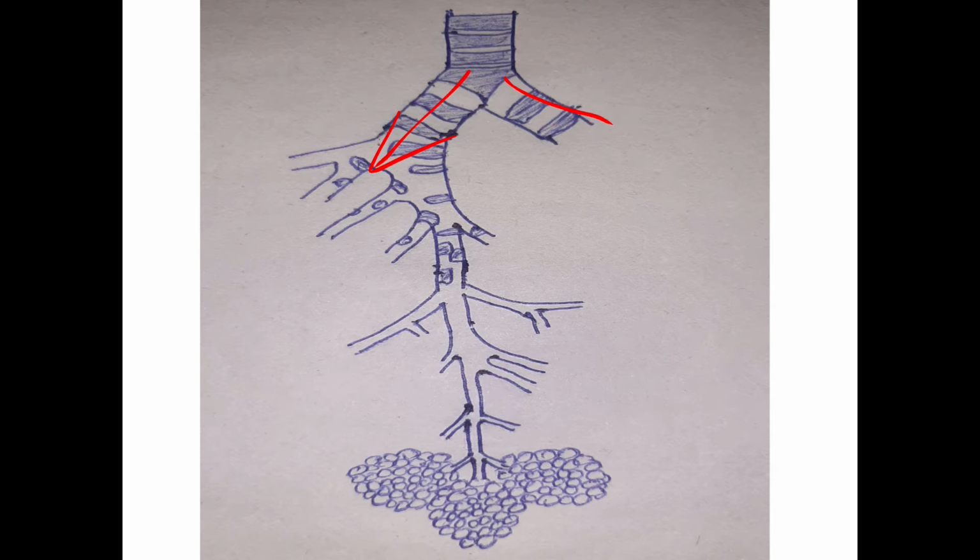Here are the primary bronchi, then the lobar bronchus, then the segmental bronchi, and you can see the cartilages in the bronchial branching.